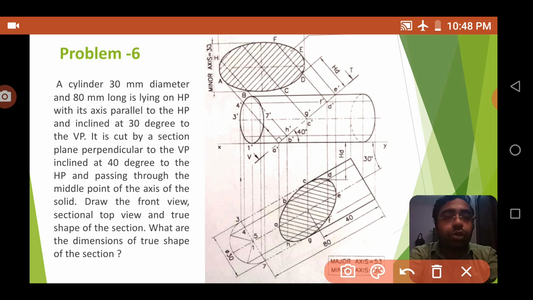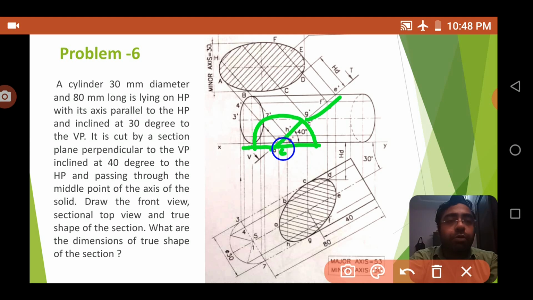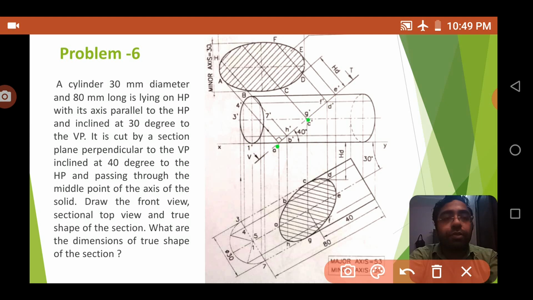Then put a protractor over here, and corresponding to the 40-degree angle, mark a point here on the XY line. Okay, and you will get the second point, the first point and second point, and draw the cutting line.